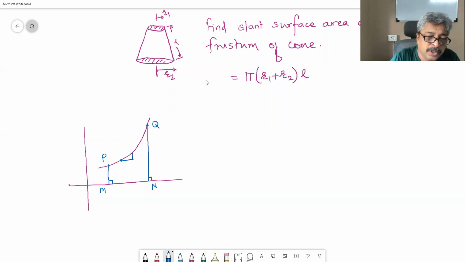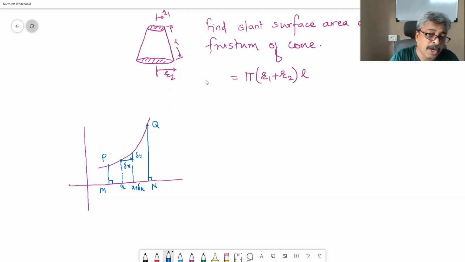Let me give the notation. This is delta x, the increment in x direction, and the corresponding increment in y direction is delta y. Suppose this point is x, then this is x plus delta x.